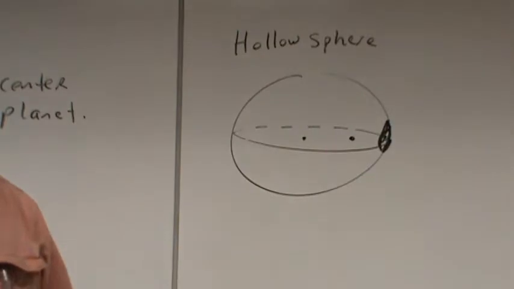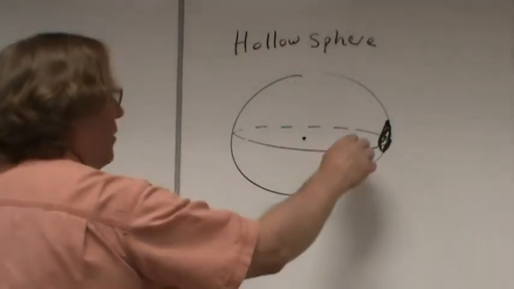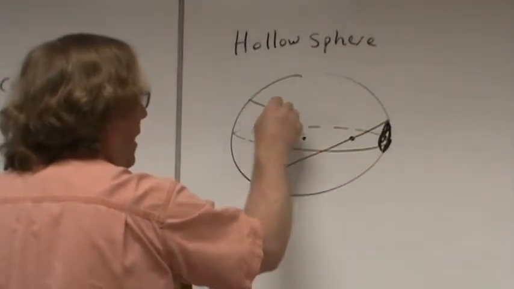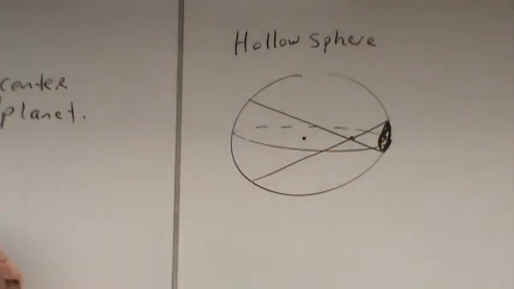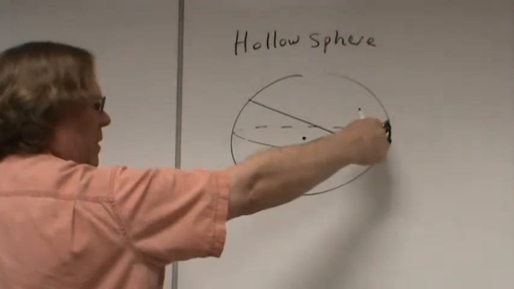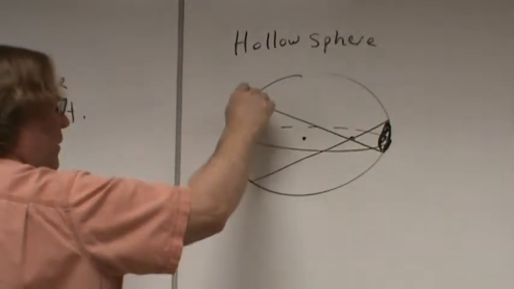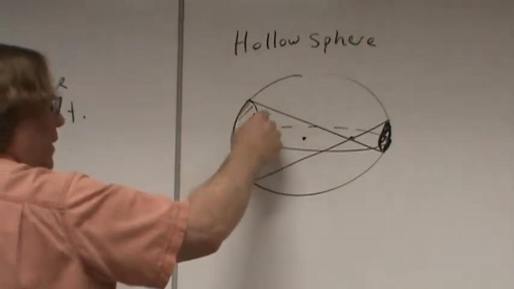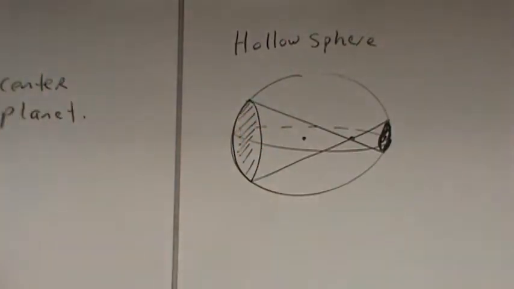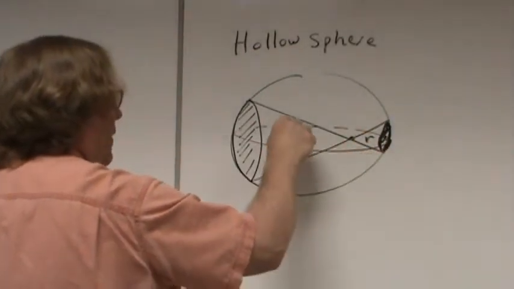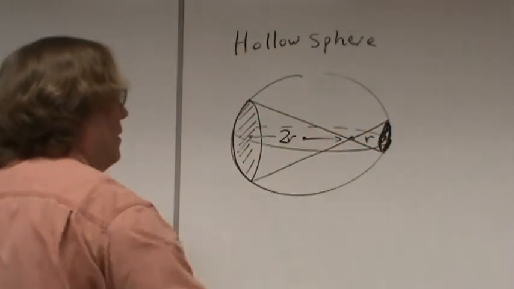Well, let's do what Isaac Newton did. He says, okay, I'm going to make two intersecting lines right here so that I've got this portion of the sphere pulling me to the right, and this portion of the hollow sphere pulling me to the left. Let's suppose, just to make it easier on you little students, this distance was r and this distance was 2r.